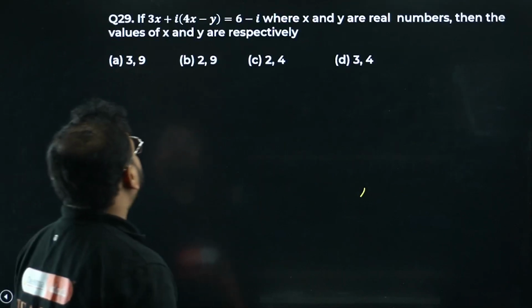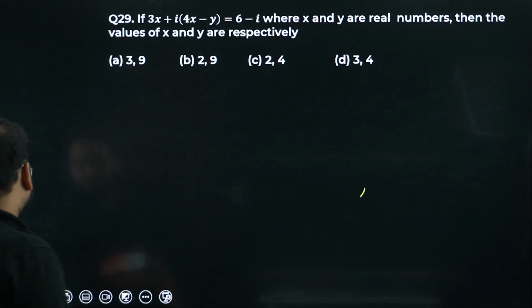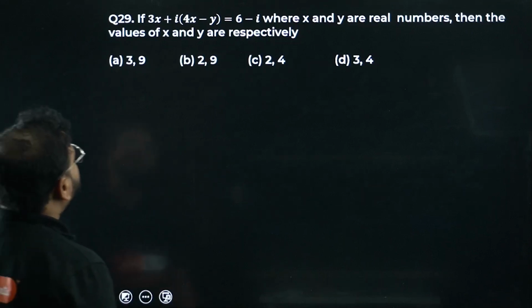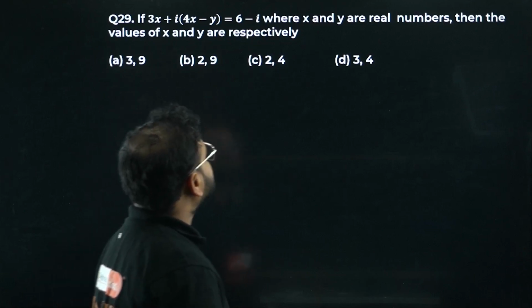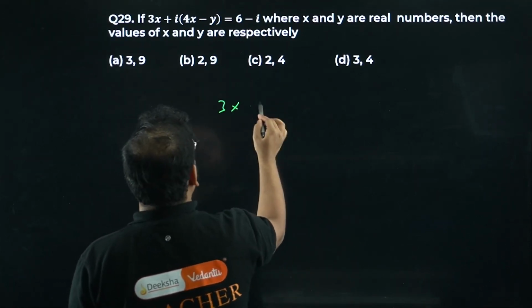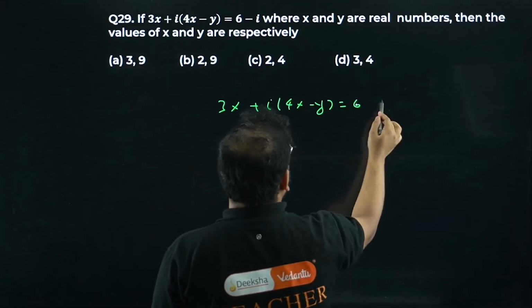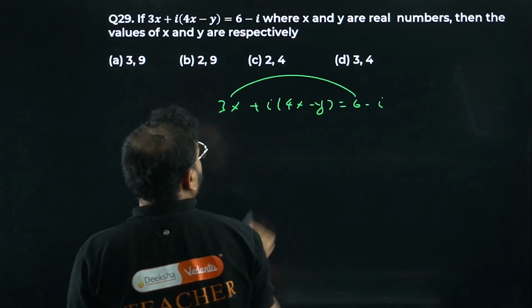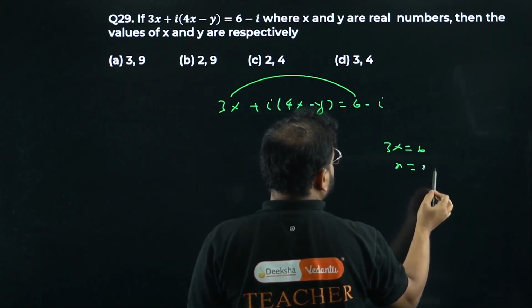29 now. 3x plus i, 4x minus y equals 6 minus i, where x and y are real numbers. Compare, sir. Very simple. Compare the real part: 3x equals 6, it means the x value is 2.